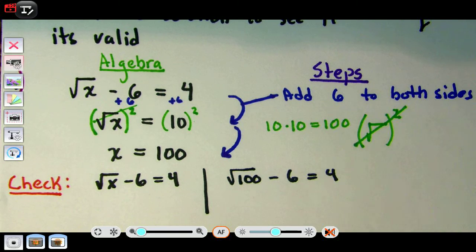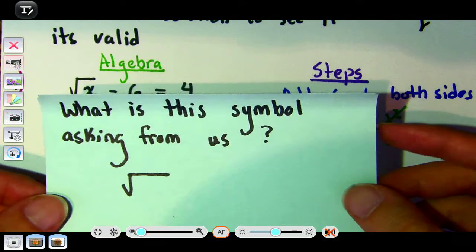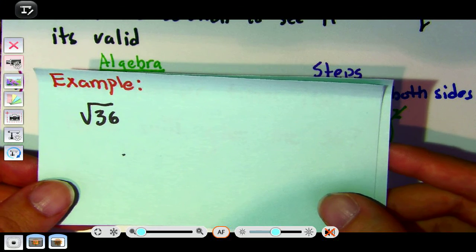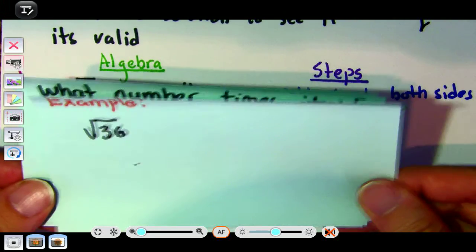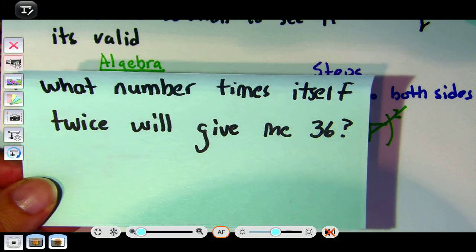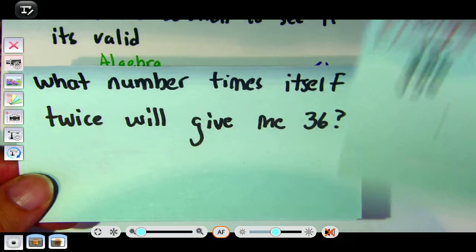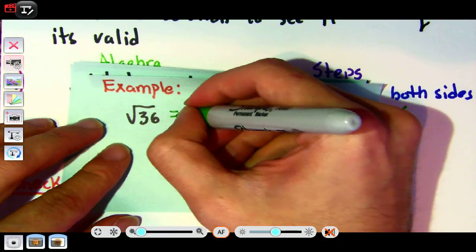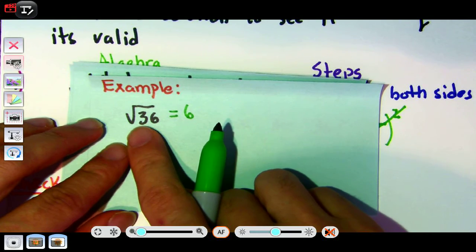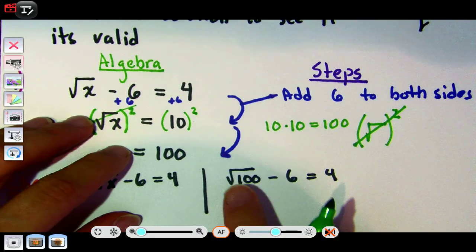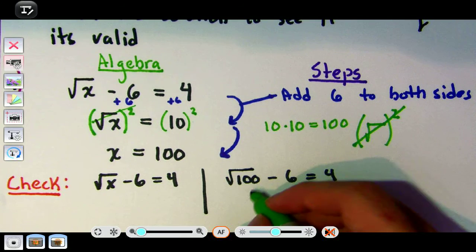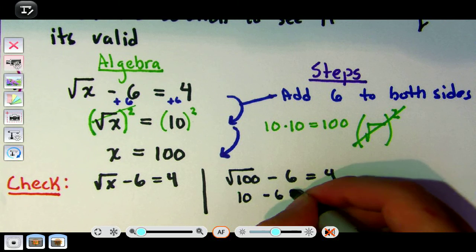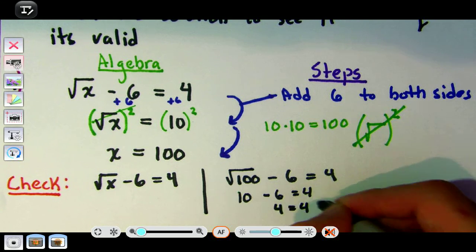Just for a quick reminder, if I said square root of 36, what is this symbol asking from us? What number times itself gives me 36? And that value would be 6. Well, what number times itself gives me 100? It's 10, right? Because 10 times 10 is 100. So 10 minus 6 equals 4. 4 equals 4, and it checks.